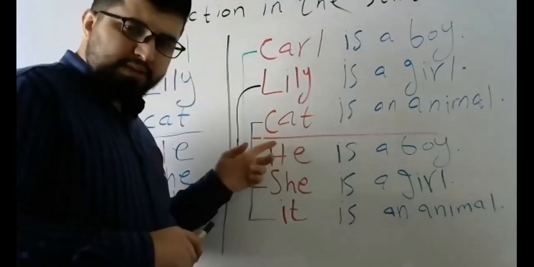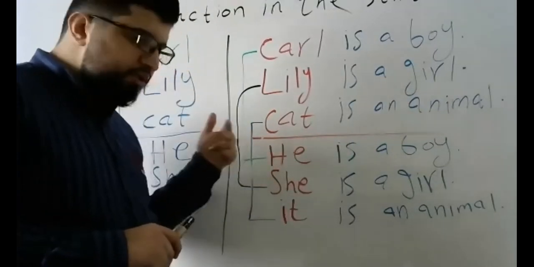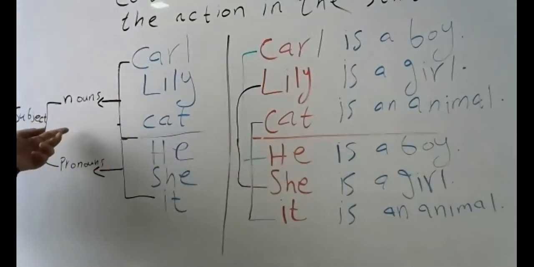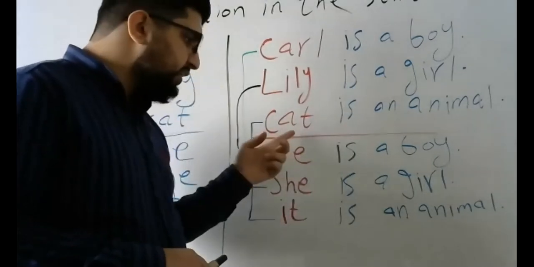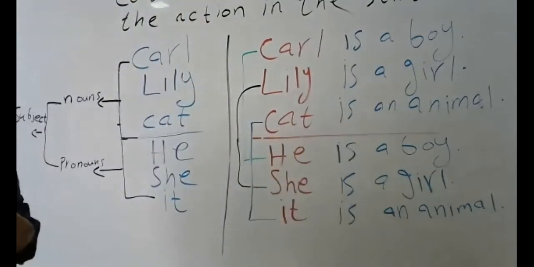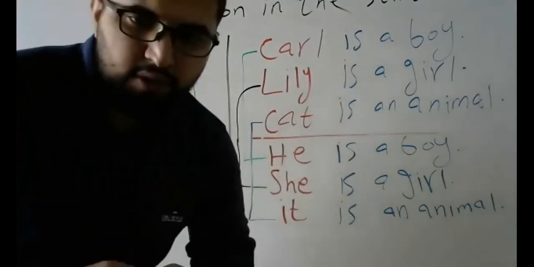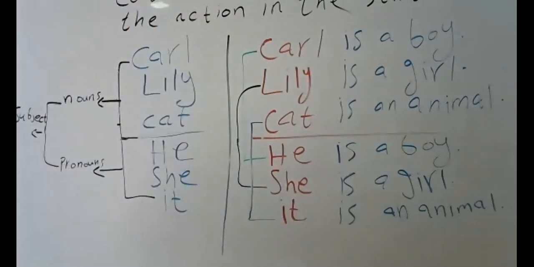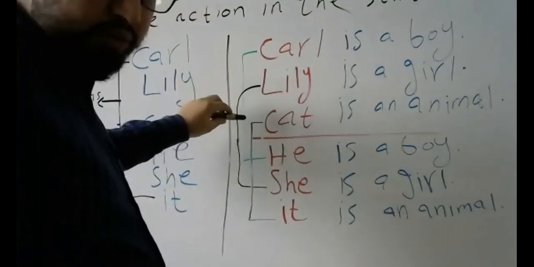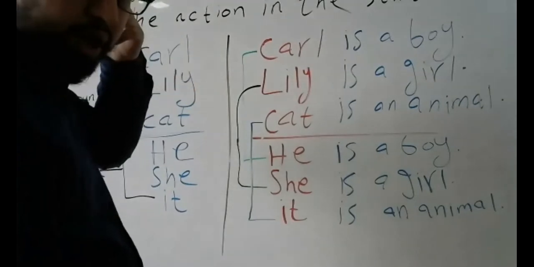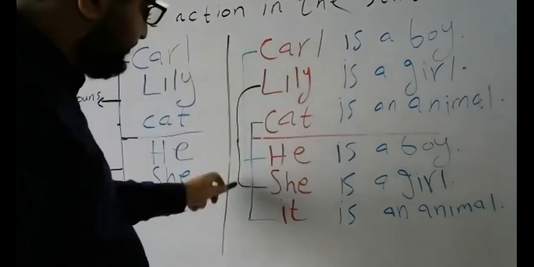The cat here is also a noun, and it's a subject, okay? Cat is an animal, cat here is subject. So, for that, we have something important. The same, you can do it with color. If you do it with color, it's better, okay? Different colors.